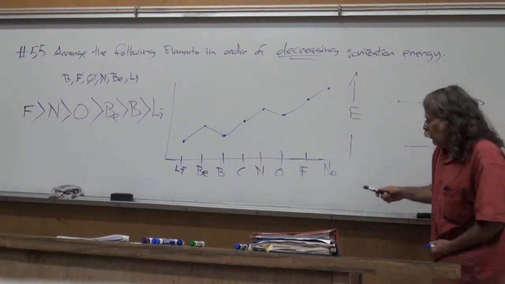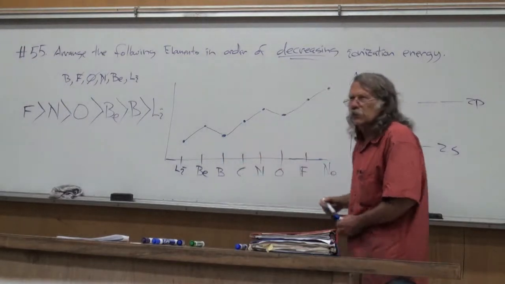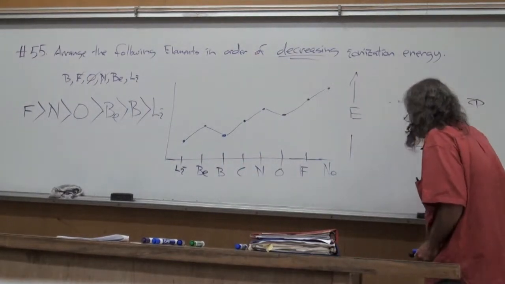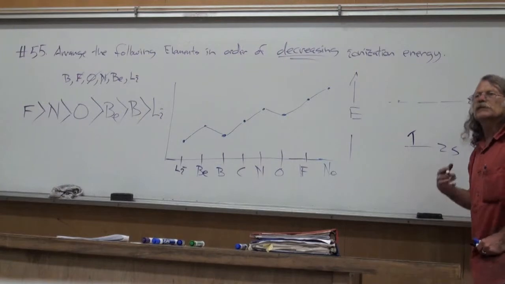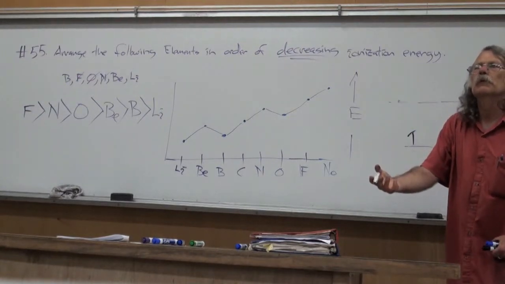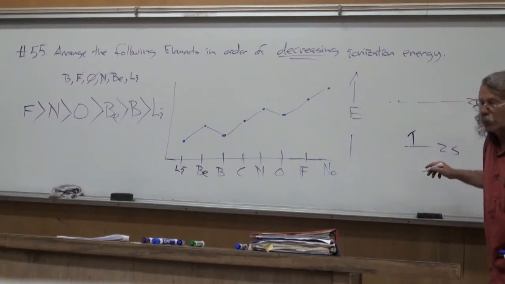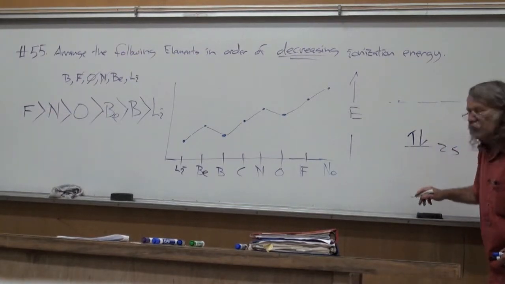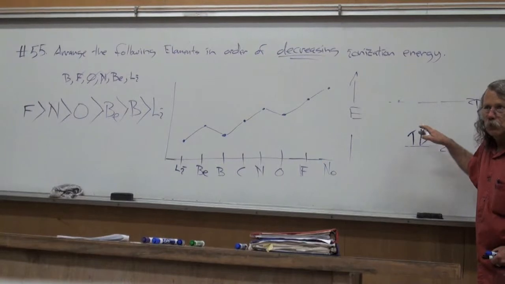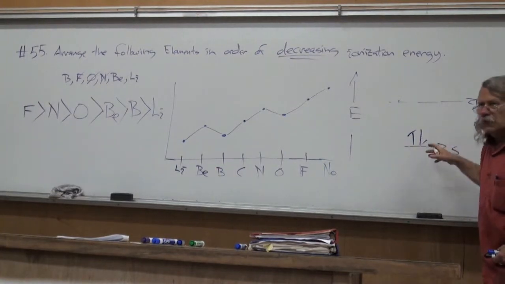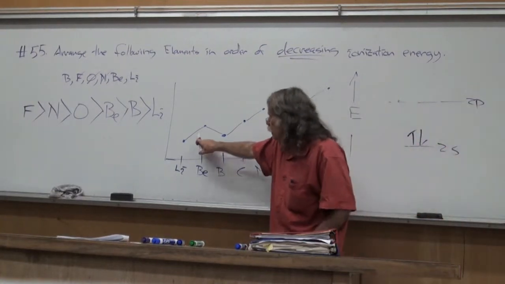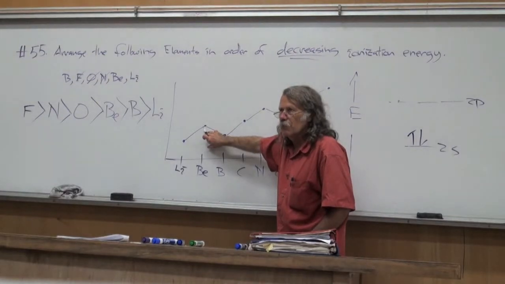Again, with lithium, I'm removing a 2s electron. Here's lithium. Now, the next electron is going to go into which orbital? For beryllium, it's got to go into the lowest energy orbital, which is s, and this one has to pair up. So for beryllium I'm going to expect to see an increase in ionization energy, right?